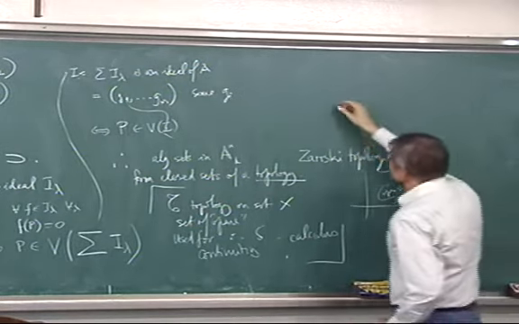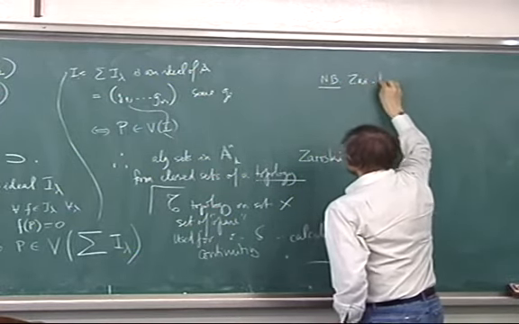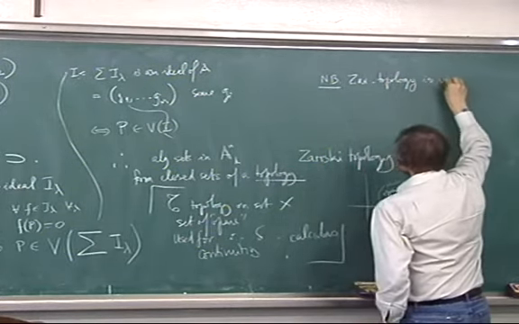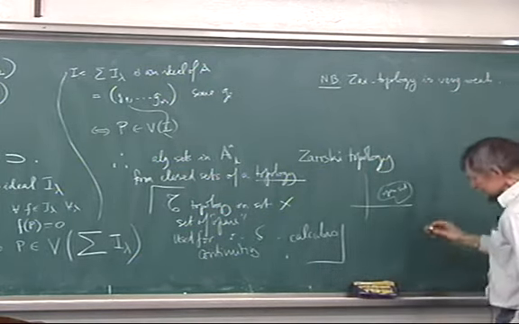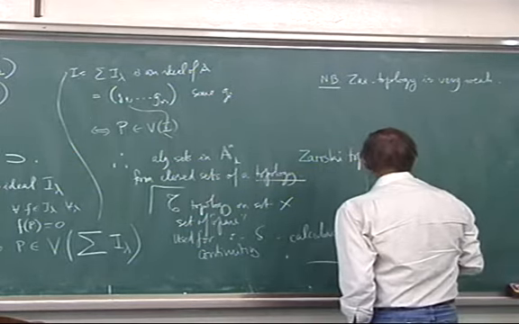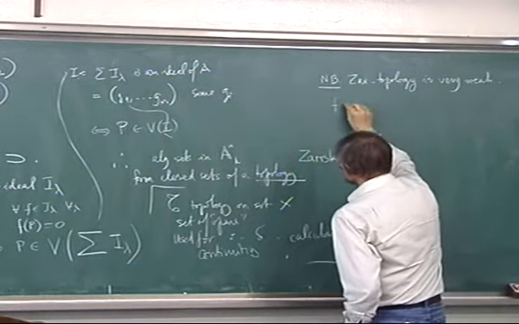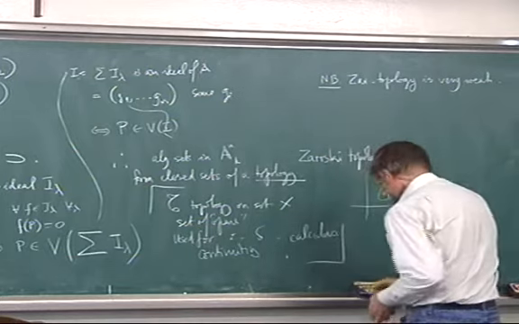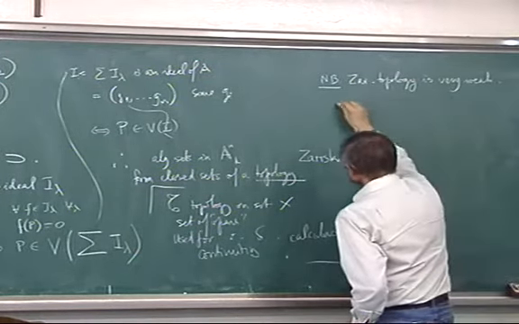So, NB: the Zariski topology is very weak. What it means is that, well, we're going to see lots of examples of what I mean here, but let's do some examples.